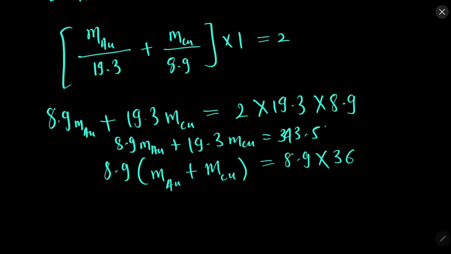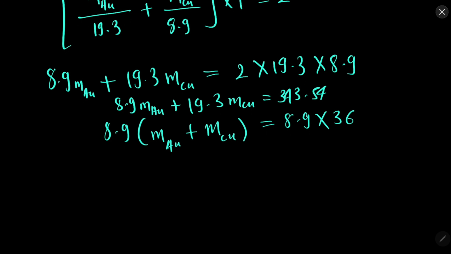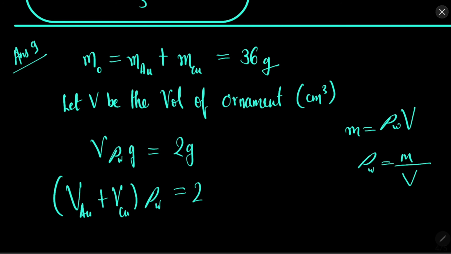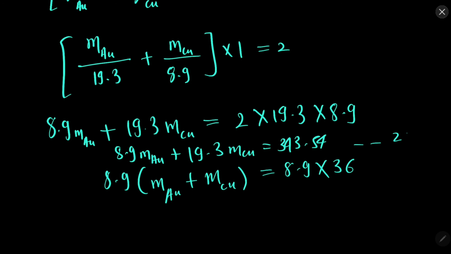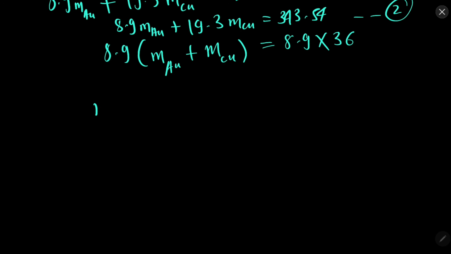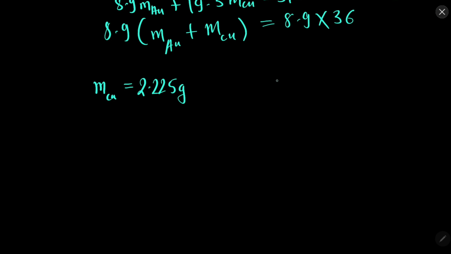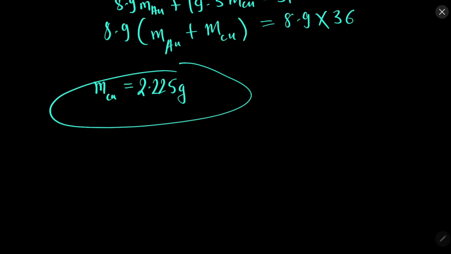By these two equations we can simplify this. This is equation 1, this is equation 2. So this is obtained from equation 1. From here you can find that the mass of copper is 2.25 g. So the amount of copper in the ornament is this much.